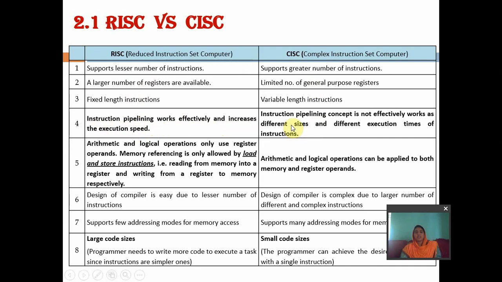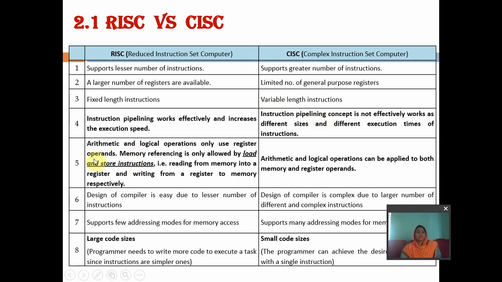Whereas in CISC, instruction pipelining does not work effectively because of the different sizes and different execution times of instructions. As in the third point, the instructions are variable in length, so pipelining is not that effective in a CISC processor.